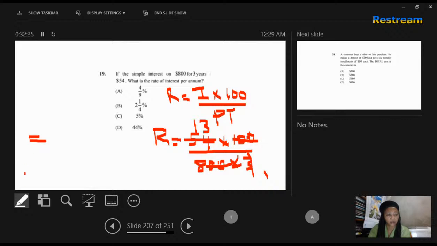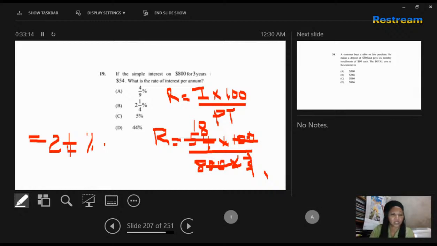Okay, so it would be 18 over 8. 8 into 18 goes 2 times, remainder 2 over 8, which cancels to a quarter.